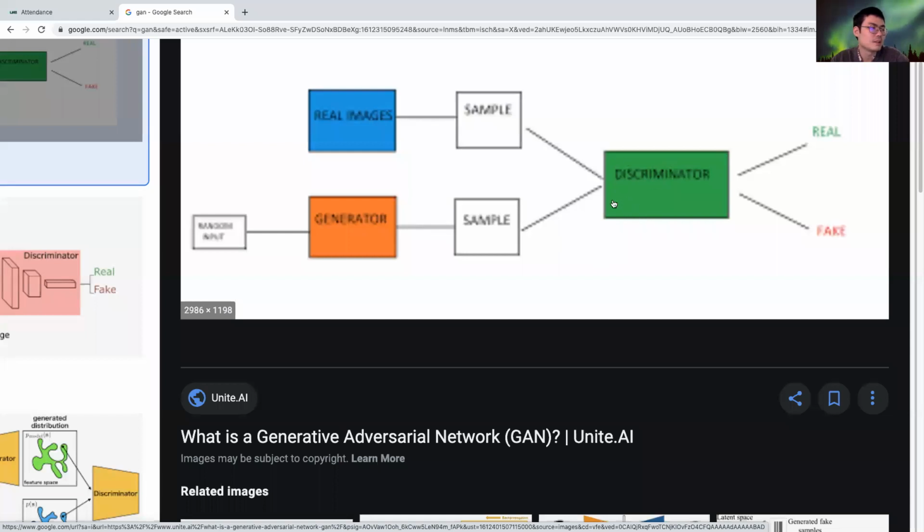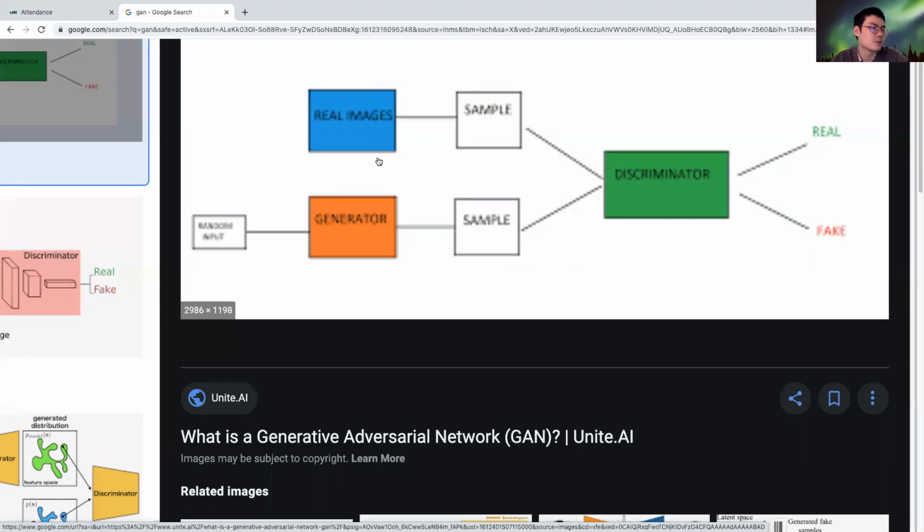Sometimes it's for the purpose of the generator. You want to create a generator that can generate images that are just like real, so the discriminator cannot differentiate real or fake. But sometimes you want to train the discriminator to be better because real images are not enough. I want to feed some more data, so I train this generator to generate images just like real images.